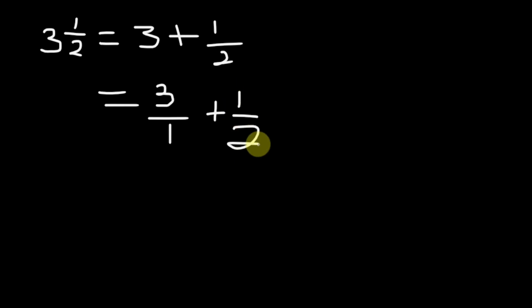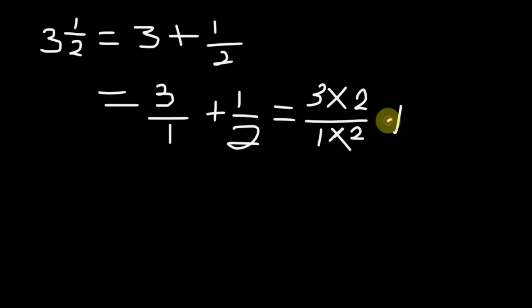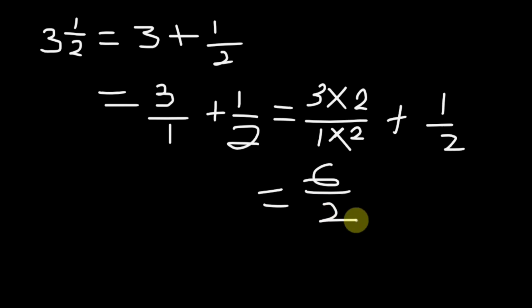Then 2, which then gives us 3 multiplied by 2, and the denominator itself also multiplied by 2, then plus 1 over 2. This equally gives us the numerator to be 6 over 2, then plus 1 over 2.